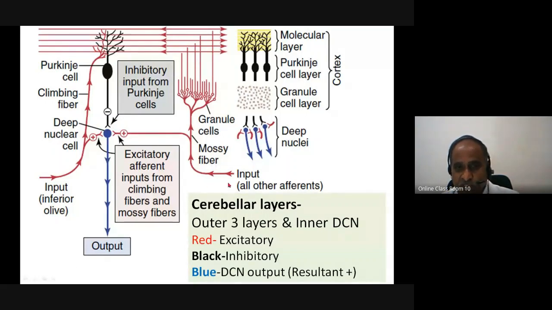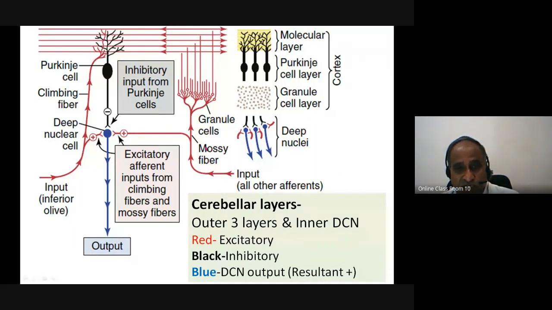There are two inputs. One input from all parts of the body, from the cerebrum, from the colliculus, from the reticular system, from the spinocerebellar tract, various spinocerebellar tracts, vestibulocerebellar tract. All of them come here. This is one input.